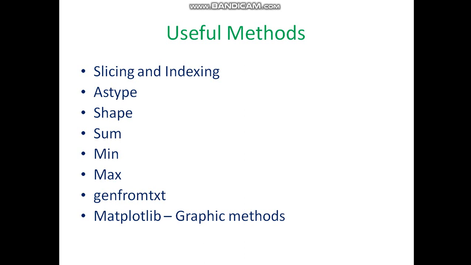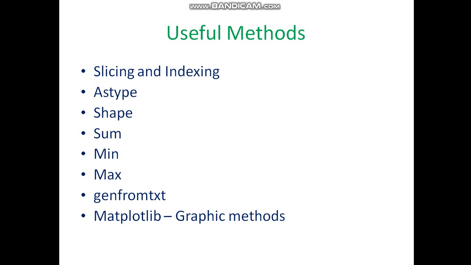We also have astype, which converts the array data into different data types, and the shape attribute, which gives the dimensions of the array. We have sum, min, and max methods to sum the data or find the minimum and maximum in the data set.